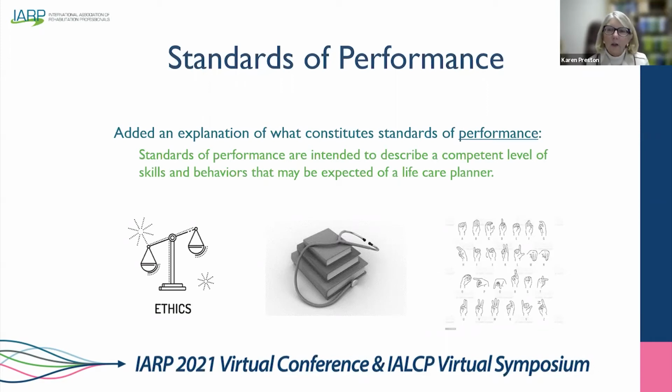So it could be education, it could be the way they relate to other people, that they collaborate, that they act in an ethical manner. These are things that describe the performance of the life care planner.